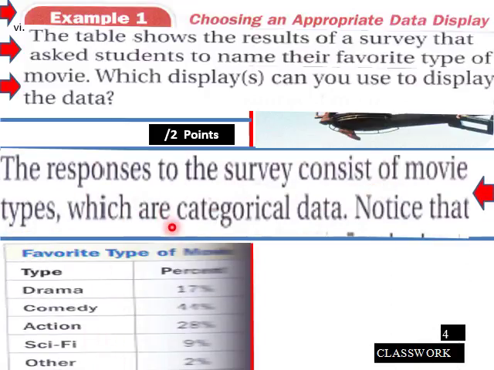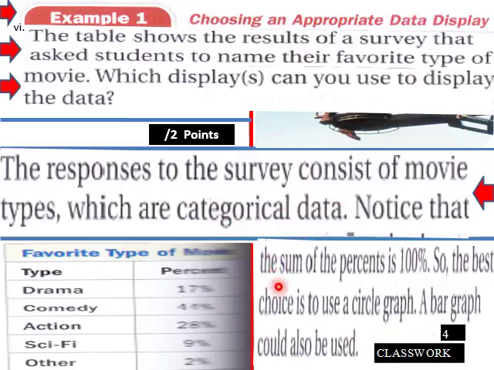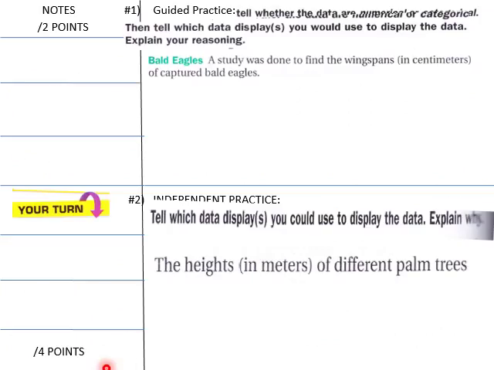It consists of movie types, which are categorical data. Notice that the sum of the percents is 100%. So the best choice is to use a circle graph. This is a whole here, a 100 percentile representation of a list, so that will be the best.